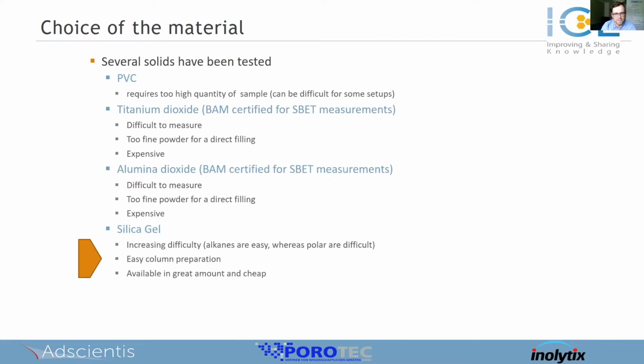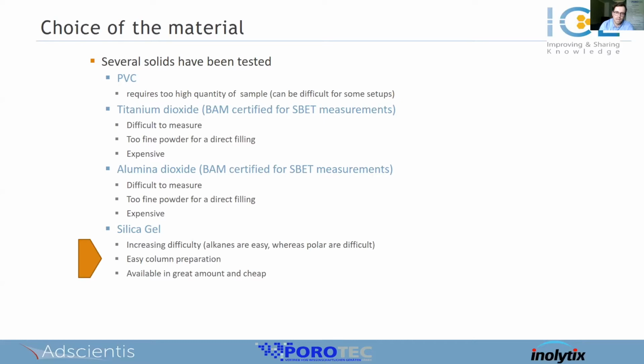At the very beginning, ACIENTES tried different materials. ACIENTES started with PVC, but the problem was that it has a low surface area combined with low interactions. So this requires high quantities of sample that could exceed some capabilities.